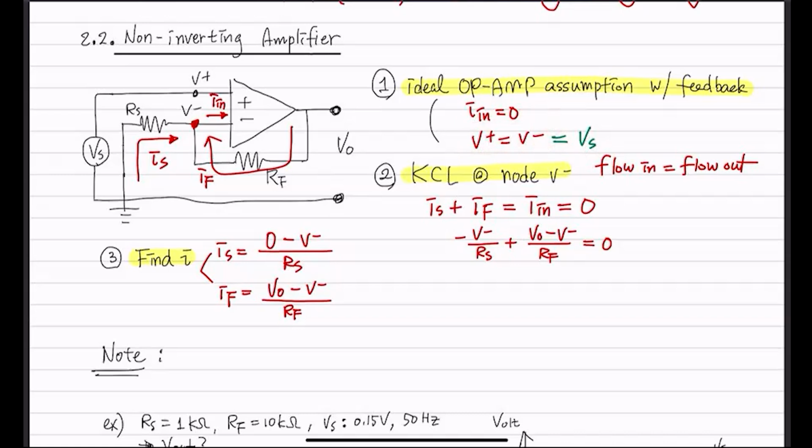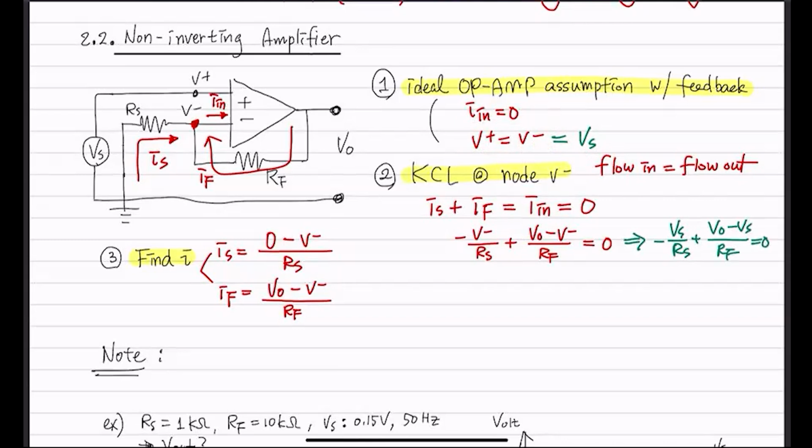Okay, so we can change this into Vs divided by RS plus (V out minus Vs) divided by RF equals 0, right?